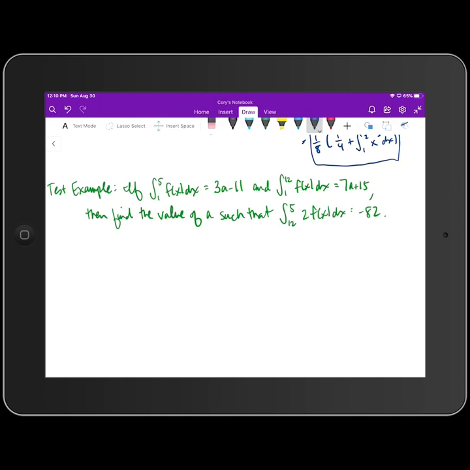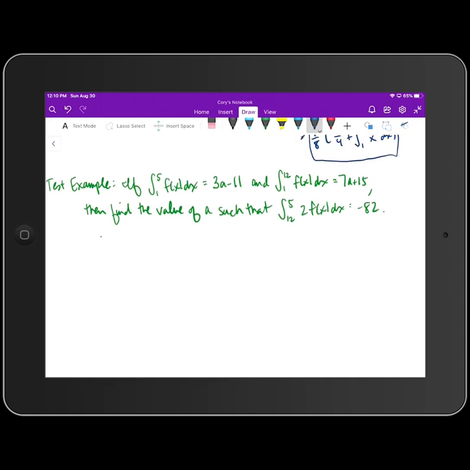So what I want to do is get an integral equation set up to start with here. I know that if I take the integral from 1 to 5 of f of x with respect to x, and to that I add the integral from 5 to 12 of f of x with respect to x, then when I add those two integrals together, that should give me the integral from 1 to 12 of f of x with respect to x.